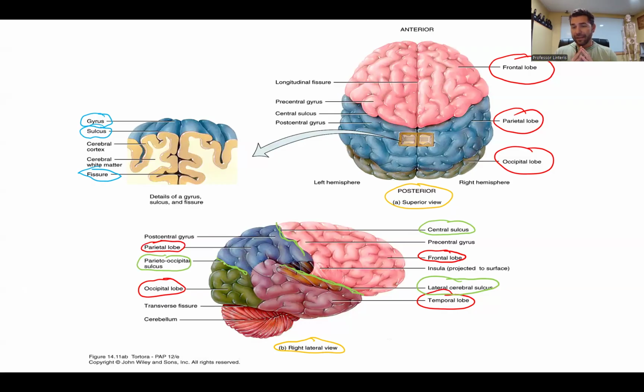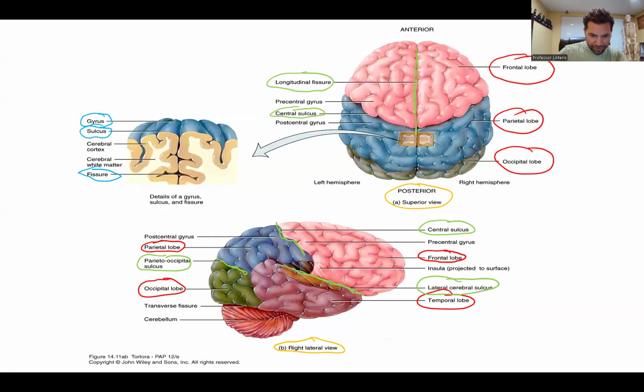The larger separations, if you will, are called fissures. Here, looking at the back of the brain, which you could also see from the top, is the longitudinal fissure. The longitudinal fissure separates the brain into a right and a left half, if you want to think about it like that. On this view, we can also see the central sulcus.